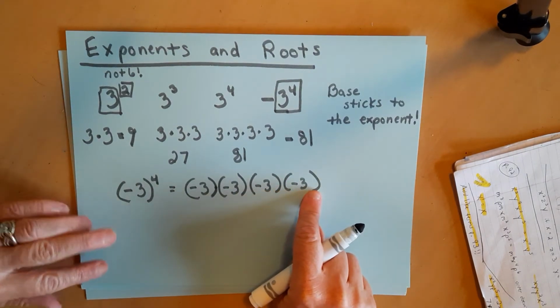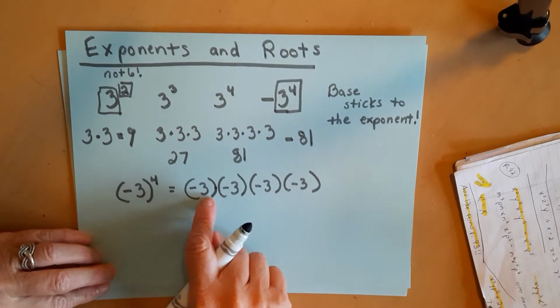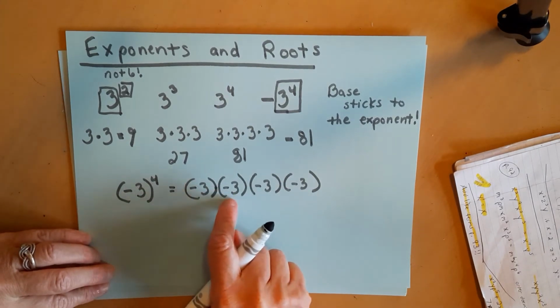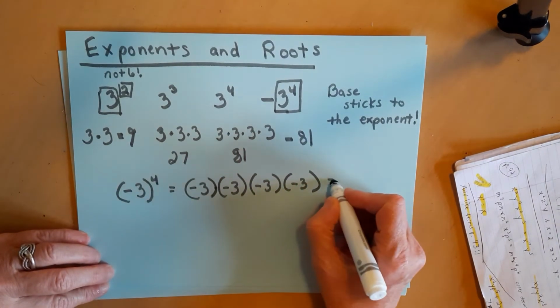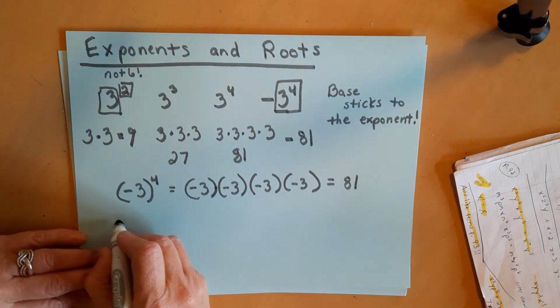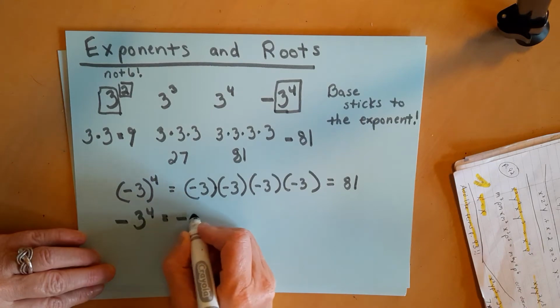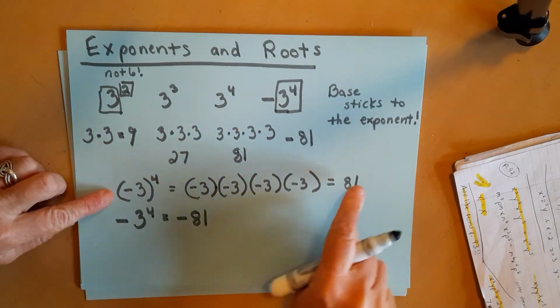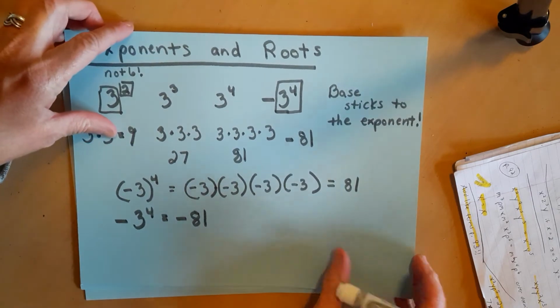So 4 negatives multiplied by each other makes a positive. So this is negative 3 times negative 3 is 9, times negative 3 is negative 27, times negative 3 is 81. So this equals 81. So do you see the difference? This problem equals negative 81, and this problem equals 81, because you have to remember the base sticks to the exponent.